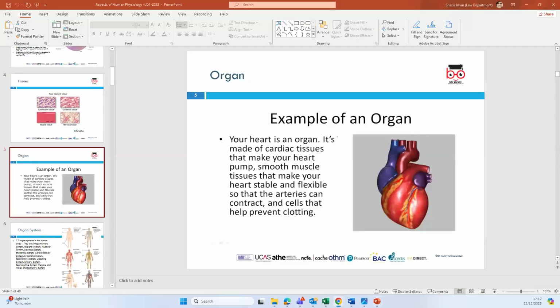So then we're looking at the different types of organs as well. What do you think are the different types of organs that we have? We have the heart. We can talk about the lungs, the skin, the kidneys, the liver.